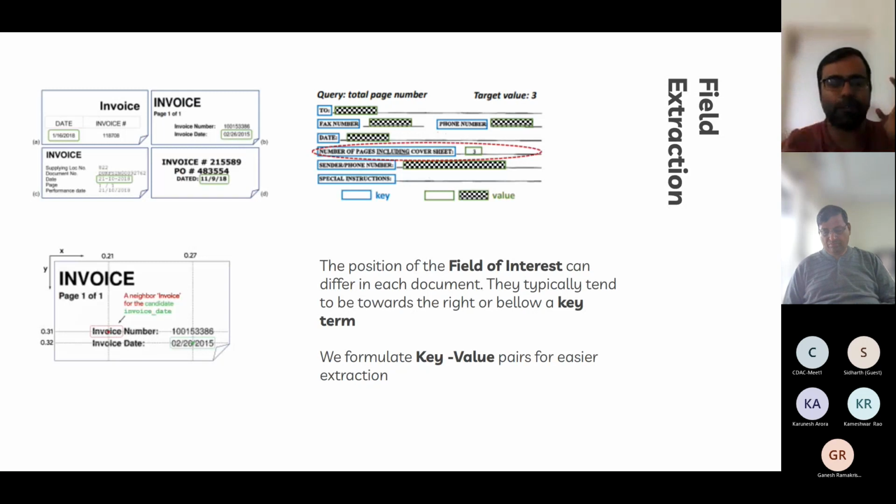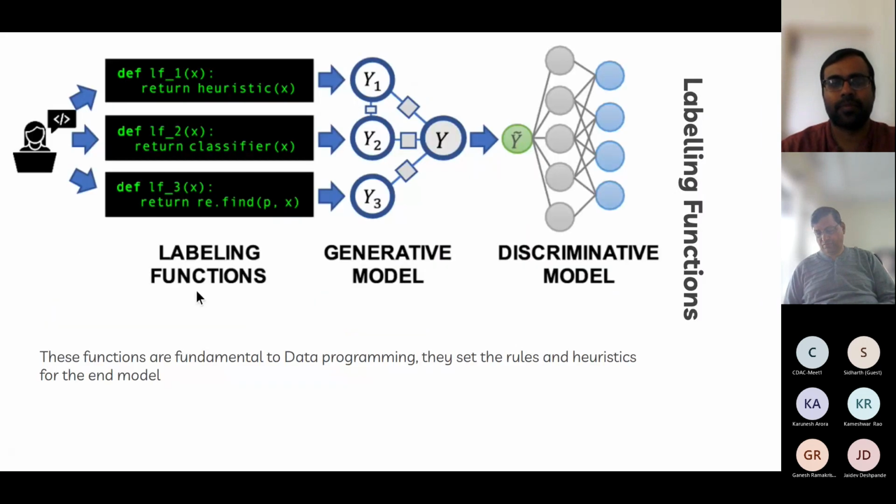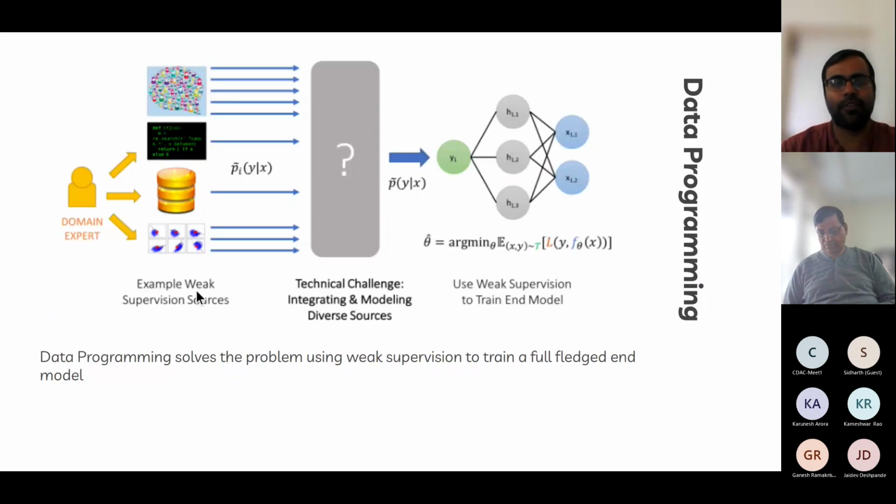So this is a kind of writing heuristic rules for a model, and the model will learn based on that. So it need not be strictly on the right side. Sometimes it can be a little below, or it can be in a table, which in the case of medical reports and lab reports, it will be. So all these labeling functions can be generated, and the field can be extracted. So this is the technical way of doing that.